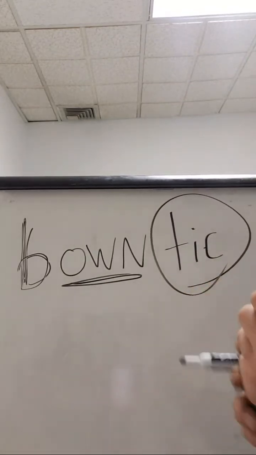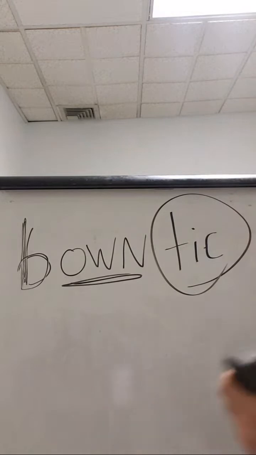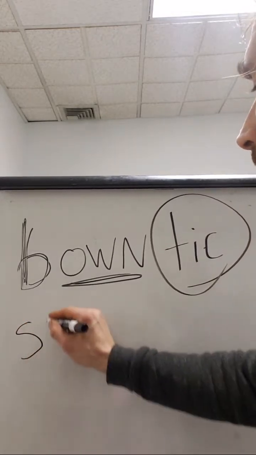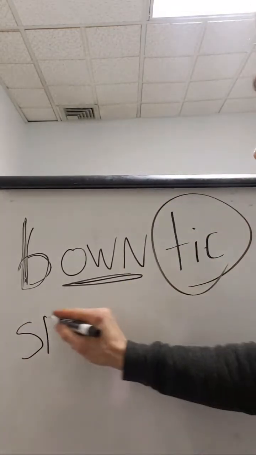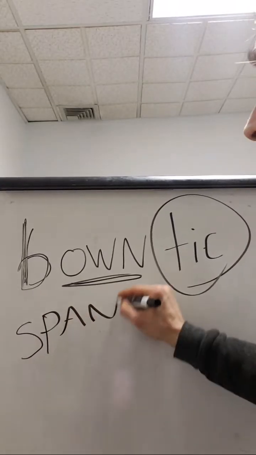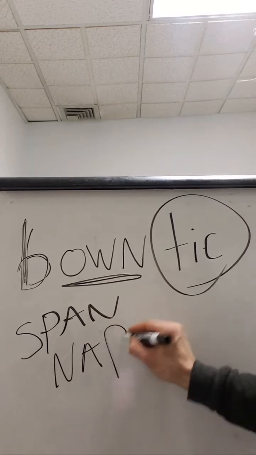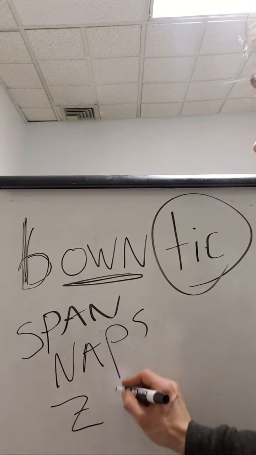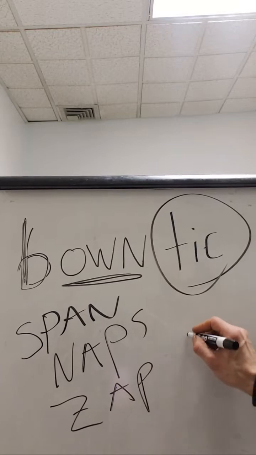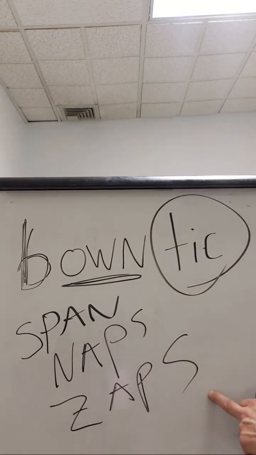Is that like we make the bed we sleep in? I don't know, but when we look at sleep, like I was saying how span is naps, which we could see zaps. This is so deep because the Z is also like an S too.